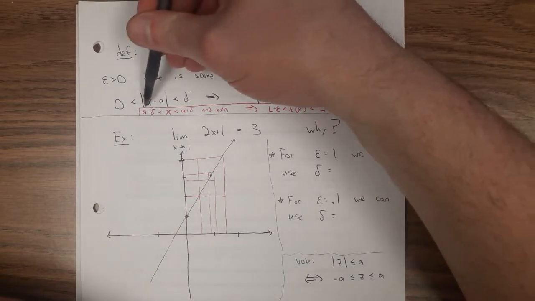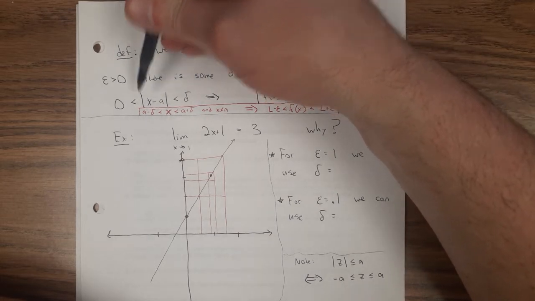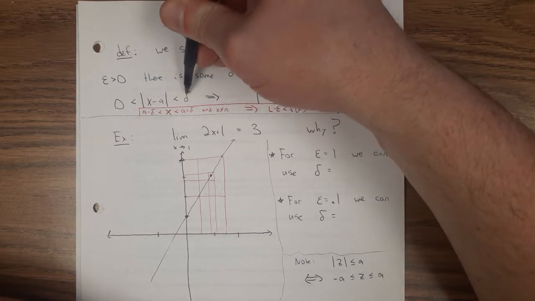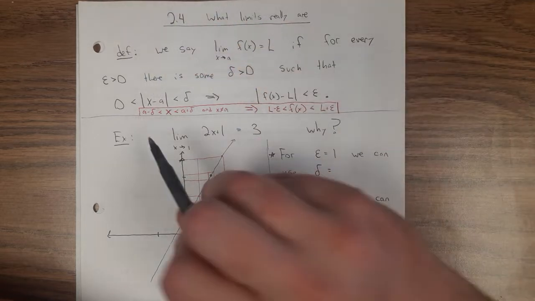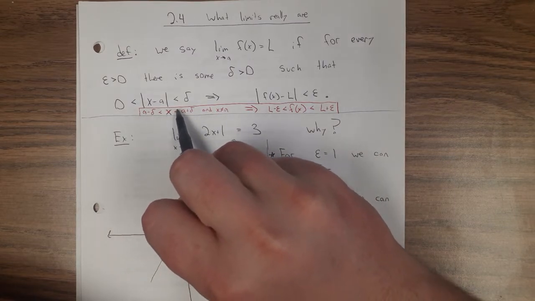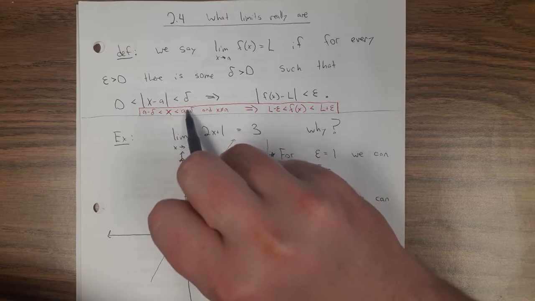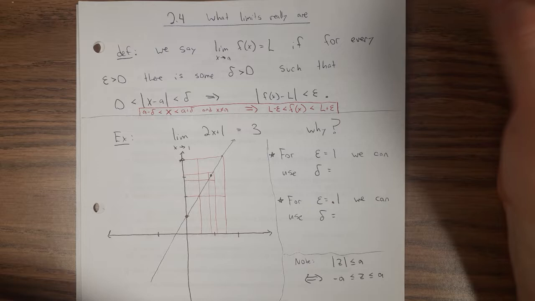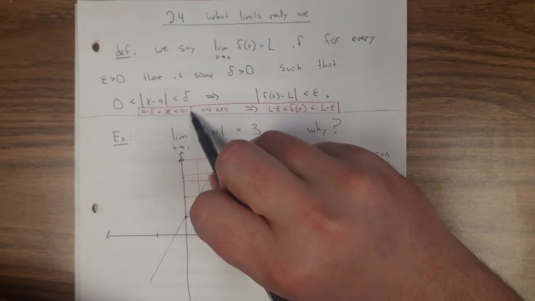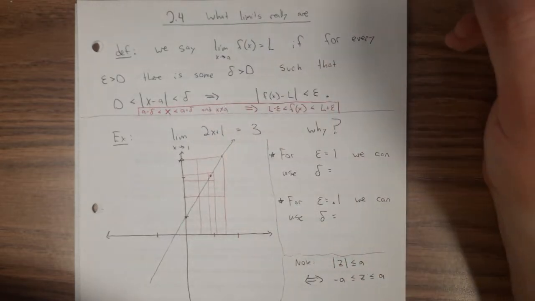To say that that distance is smaller than delta, that means that, once again, the distance from x to a is smaller than delta. In other words, here's another way of saying it in red underneath, that x is smaller than a plus delta, because if it was bigger than this, then the distance to a would be too much. If x was larger than this number, then the distance from x to a would be larger than delta, but we know it's not.